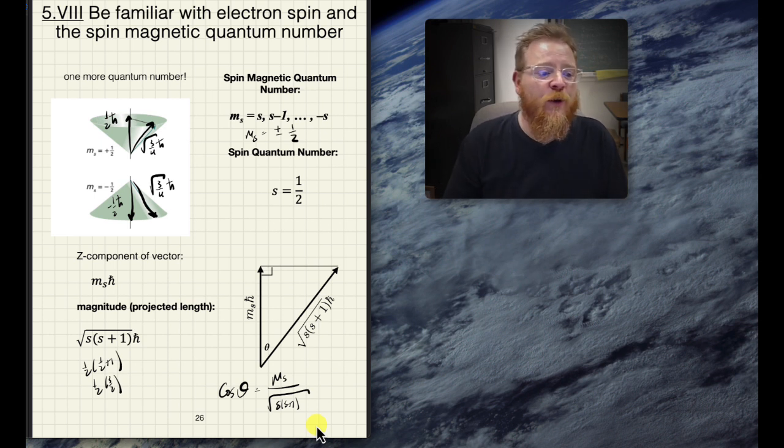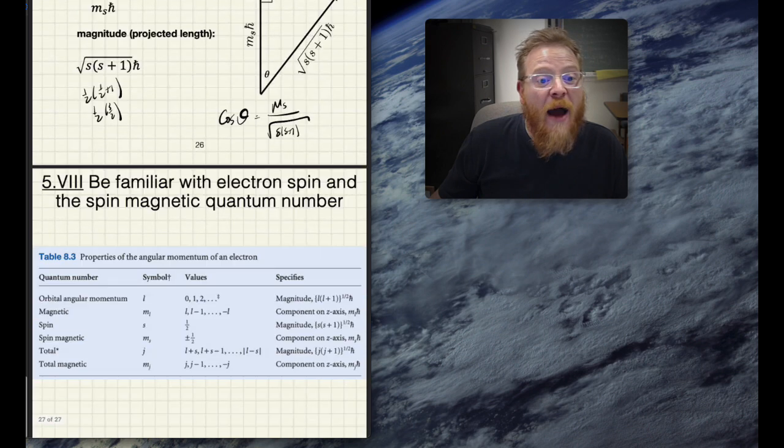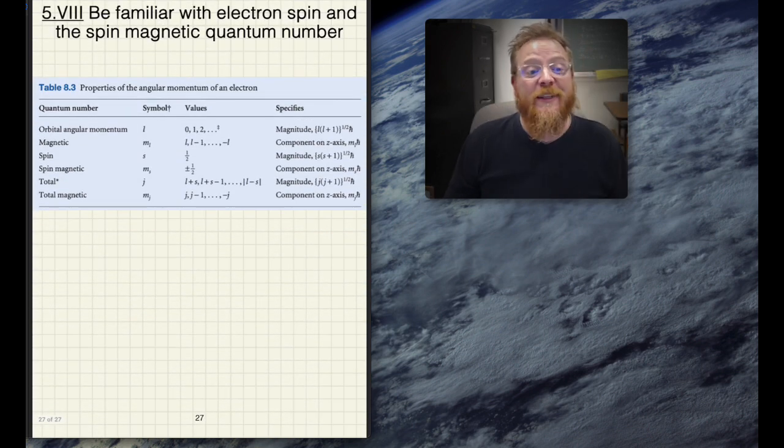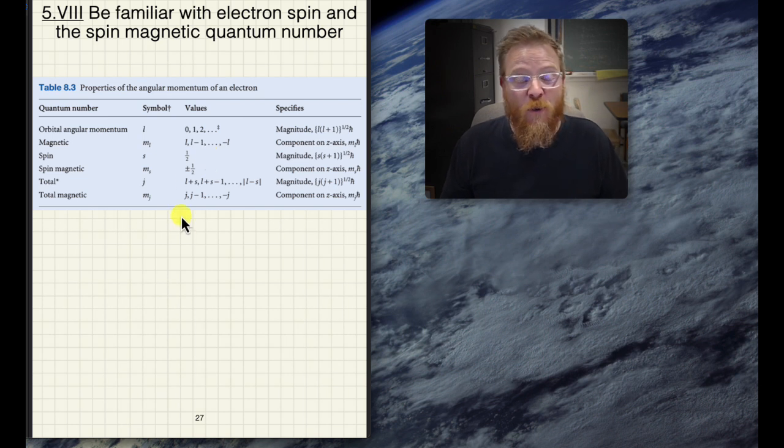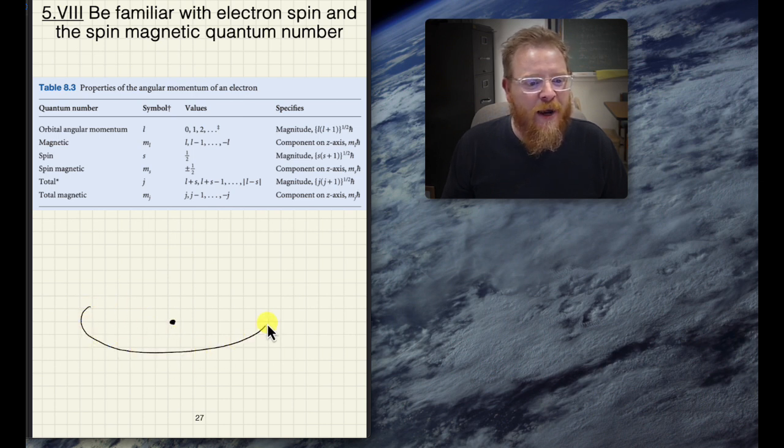So all very cool. If we now look at what the combined effect is, we can see this whole list of quantum numbers. So let's talk that out. We have our orbital angular momentum quantum number and our magnetic quantum number. If I go back to my simple picture here, here is my nucleus, and here is my rotational axis.